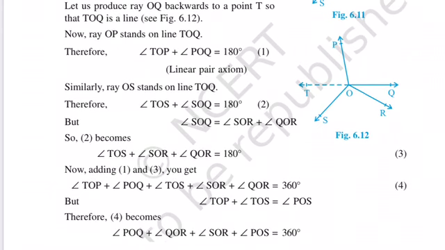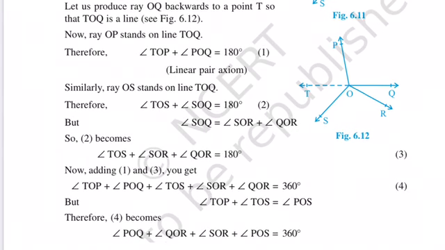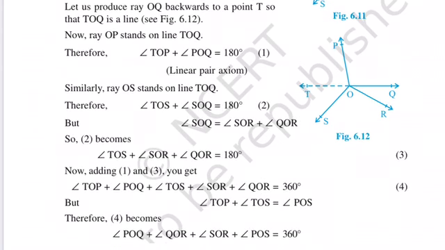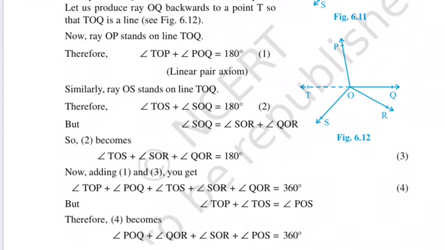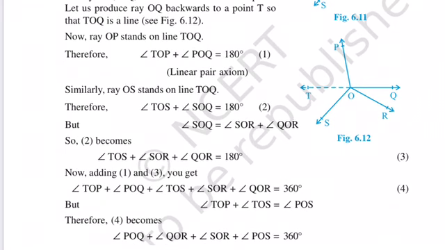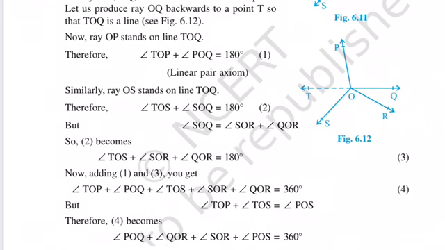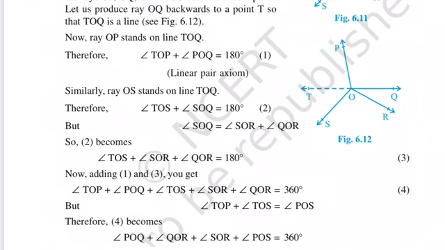360. Now, one very important thing that I told you earlier at the start: angle TOP plus angle TOS is equal to angle POS.